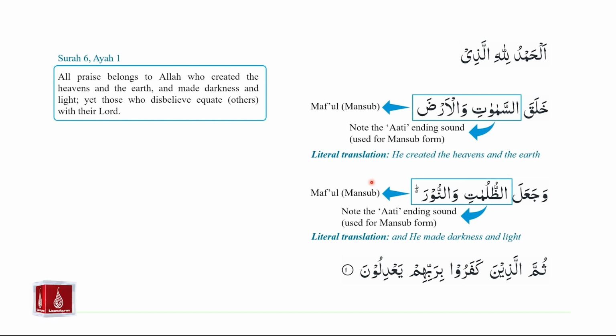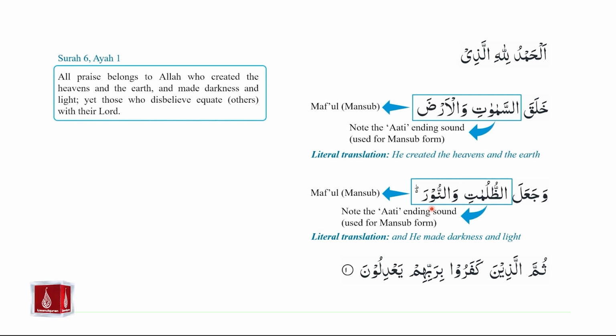The literal translation of this can be, and he made darkness and light. Darkness and light, az-zulumati wan nura, are the recipients of the action. That is why az-zulumati wan-nura will be taken as the maf'ul.